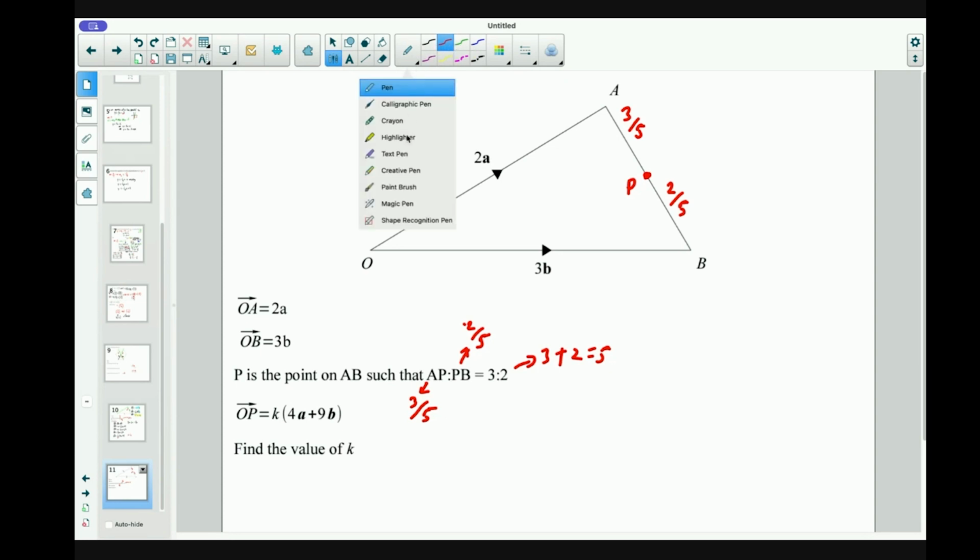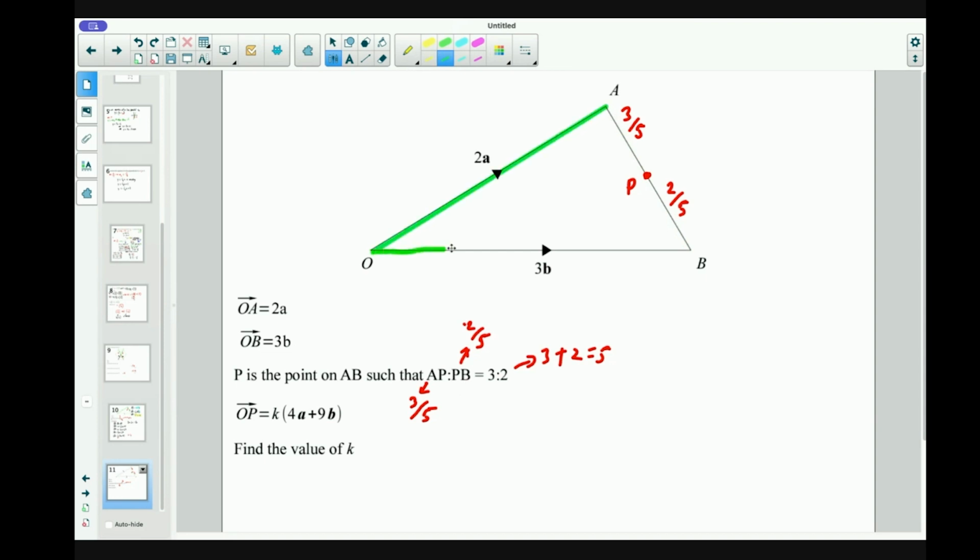Our first step is to figure out exactly what A to B is going to be. A to B is the same thing as going from A to O and then O to B. So vector AB is vector AO plus vector OB.